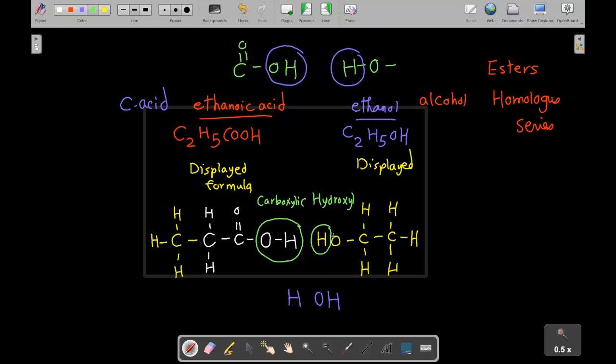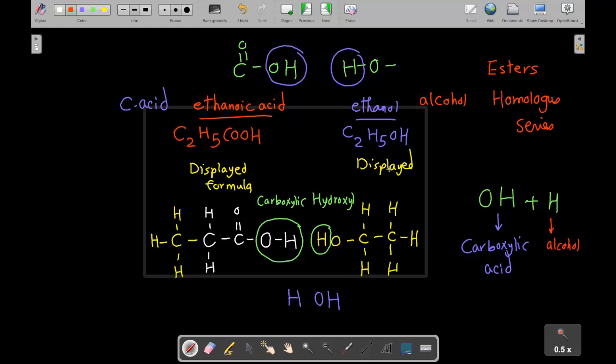Then once I put them together, I will remove a molecule of water. And what is the molecule of water formed from? An OH plus H. So remove a molecule of water by removing an OH from the carboxylic acid and removing an H from the alcohol.